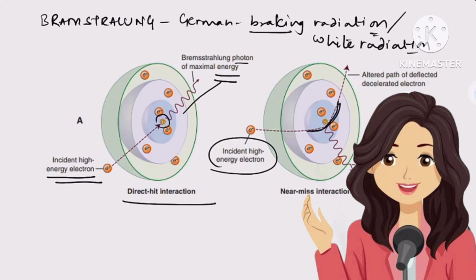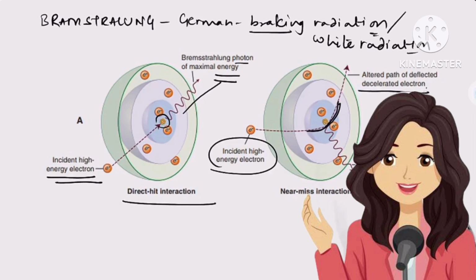And when it passes by the nucleus, since there is an attraction between nucleus and the electrons, since they are oppositely charged, the energy of the electron will be decreased. It is also deflected onto a different path.